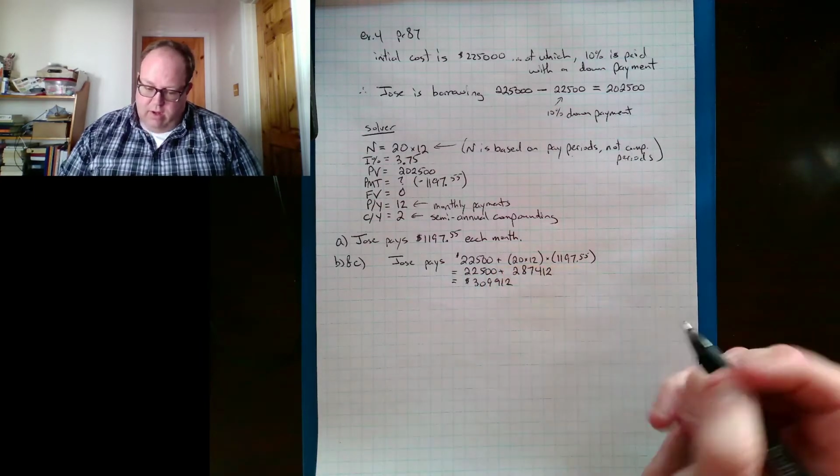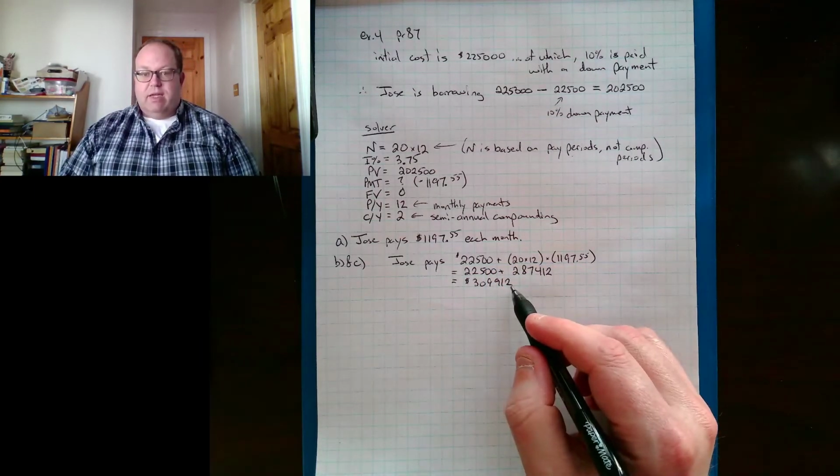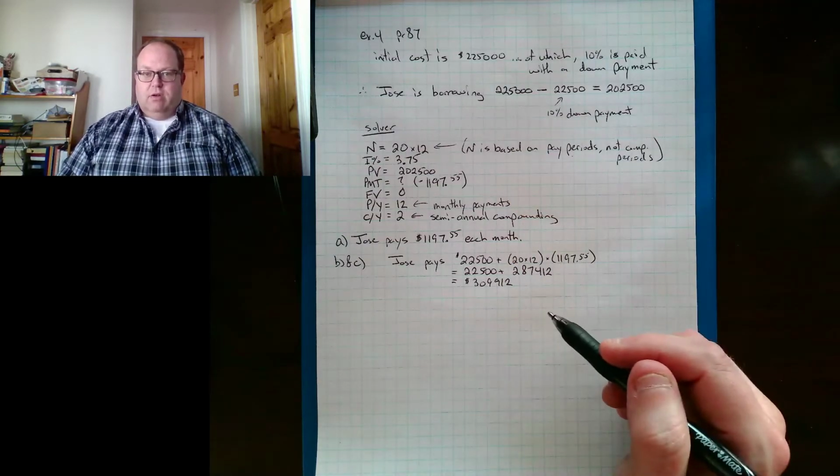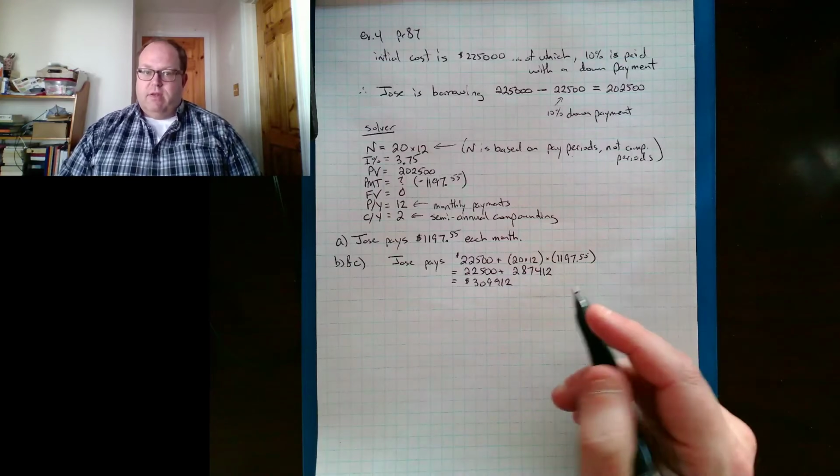So overall, Jose pays $309,912 for this $225,000 home. That's the joy of borrowing.